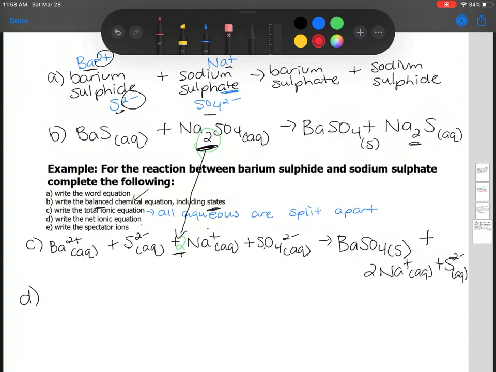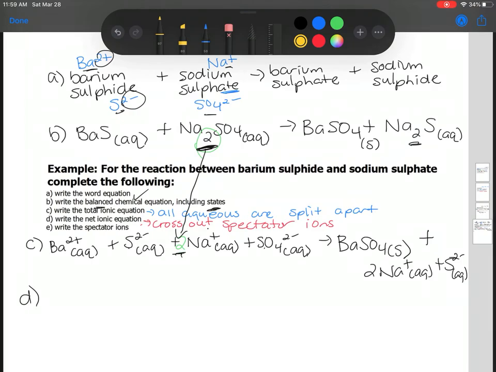Now, when we do the net ionic equation, we are going to cross out spectators. Again, try not to go crazy, so that, let's say I had to give you marks for both of these, then I could still see your total ionic equation. So really, you don't even have to physically cross them out.